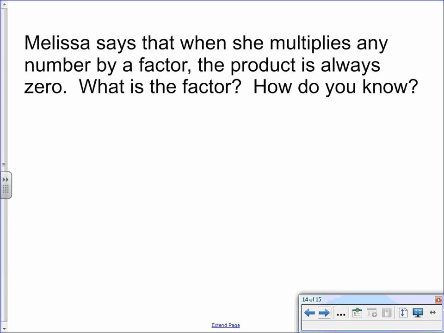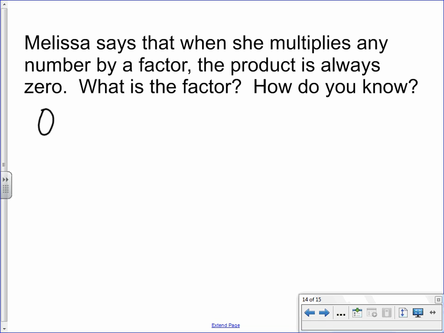She could multiply 8 by the factor and the answer is 0. She could multiply 1 by the factor and the answer is 0. Any number she multiplies by this mystery factor, the product is always 0. What is this mystery factor? Michael, it's 0. How do you know? Because if it's like 6 times 0, then it's always going to be 0.